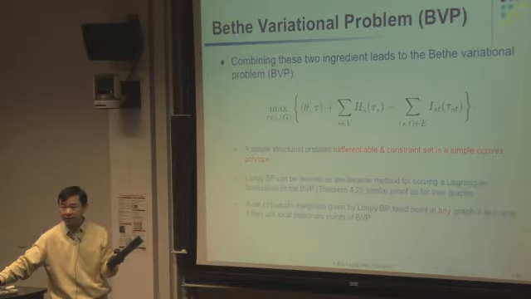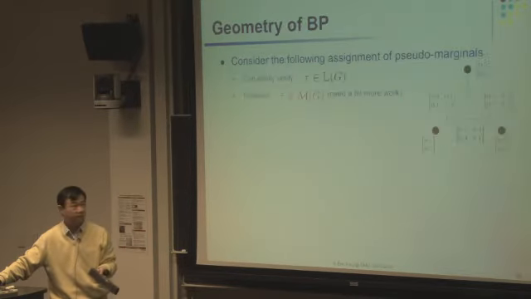Please remember that. The key thing is that the Bethe free energy replaces the true entropy function, and the outer bound of the marginal polytope replaces the marginal polytope.